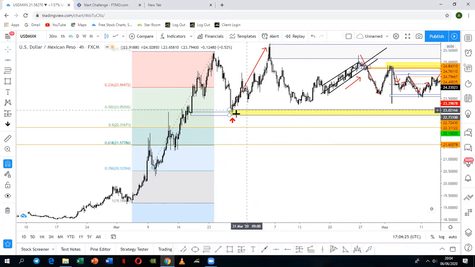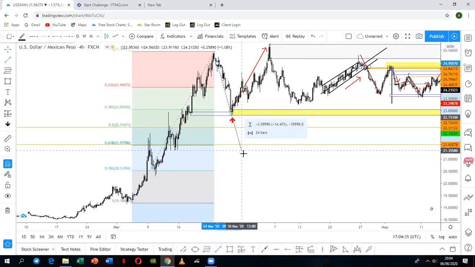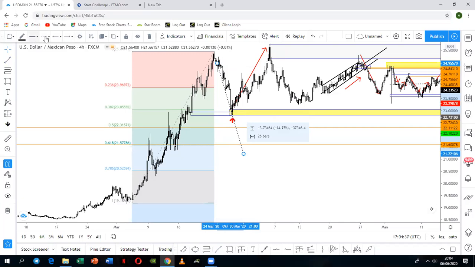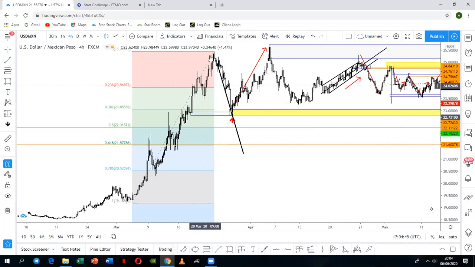Let's say this move happened, it came all the way down to somewhere like here. Let's say it stopped here. Now this is likely to be a reversal, meaning this whole trend is likely to go into a downward trend. Why?